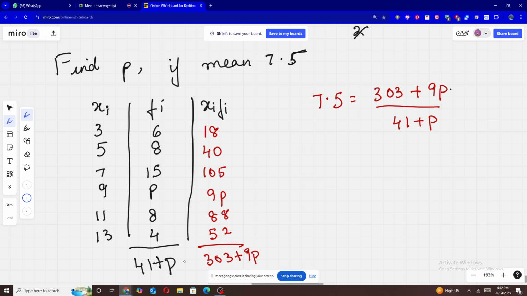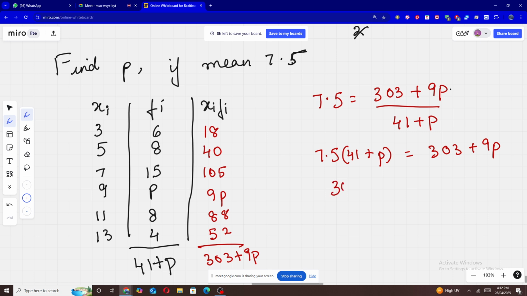Calculators are not allowed. So you multiply this 7.5 into 41 plus p equal to 303 plus 9p. So 7.5 into 41, how much is it? 307.5.